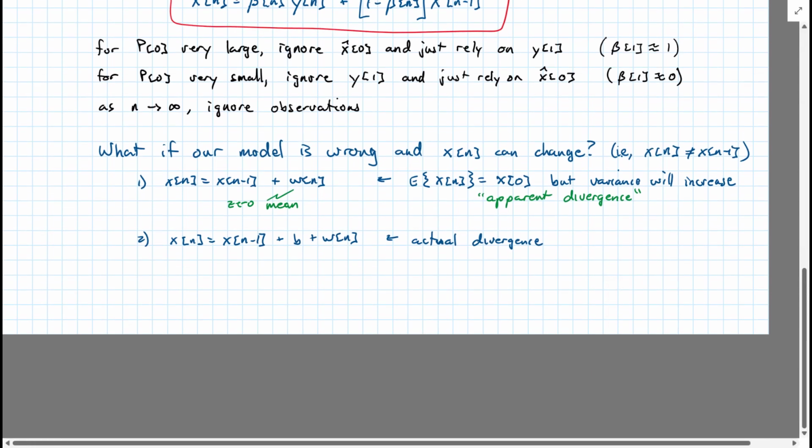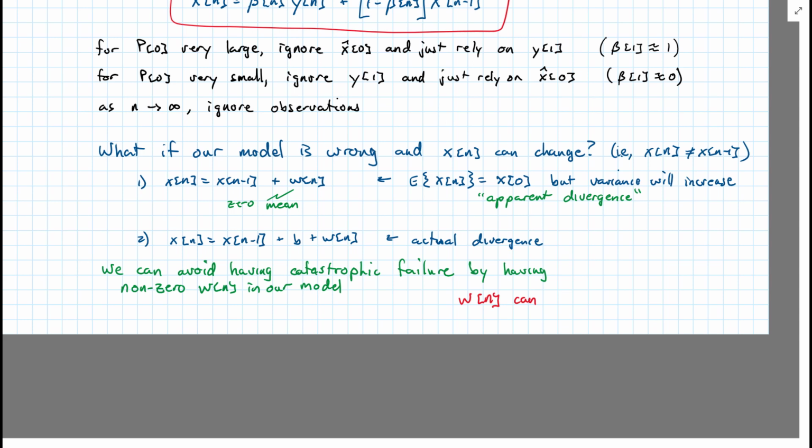In either case, we can avoid catastrophic failure by having a non-zero W in the model. So here is the great truth. Wn can compensate for a poor model.